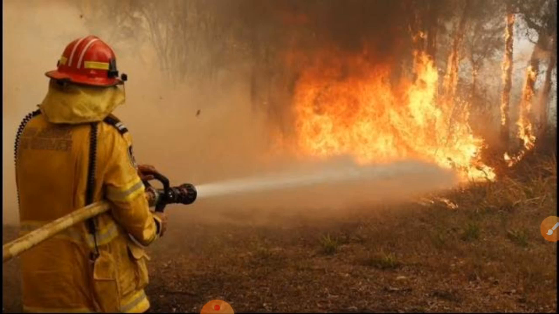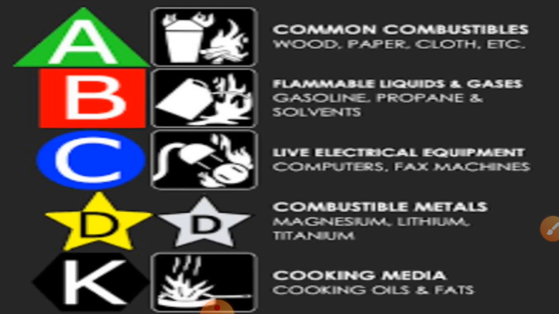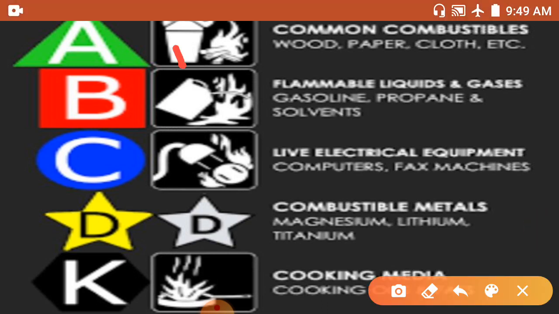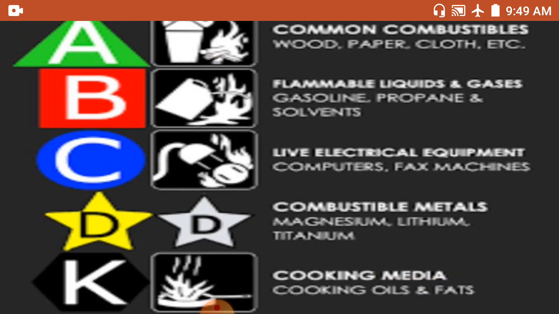Okay, so we can use different types of extinguishers. A means common combustible substances like wood, paper, cloth, etc. So it helps to control the fire that starts from paper, cloth, etc.